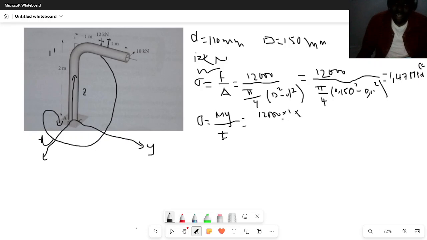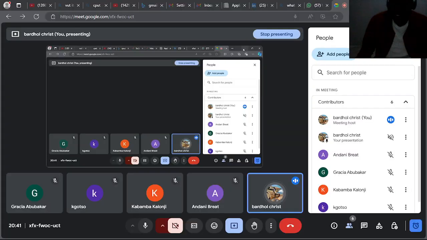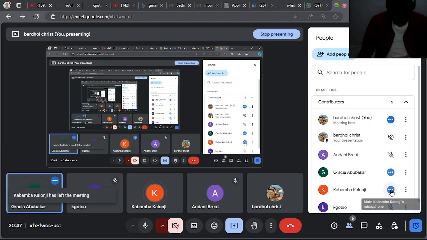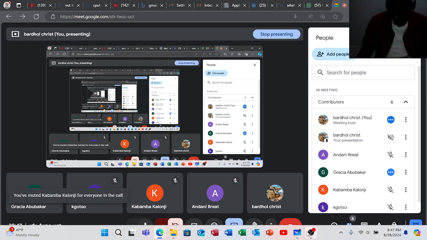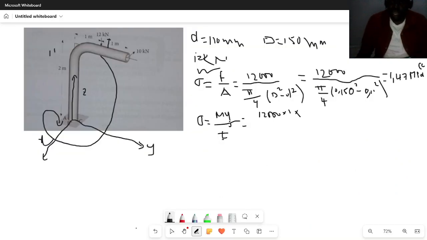What is y? Okay, this is a good one. y is the radius of the circle. But we do have two diameters, big and small. Under such cases, you consider the radius of the biggest diameter. Can you please mute yourself, Mr. Bakar?